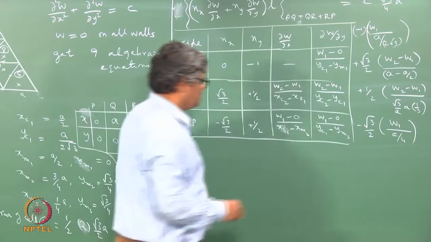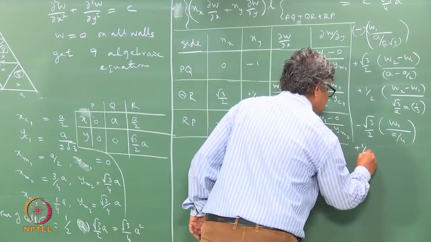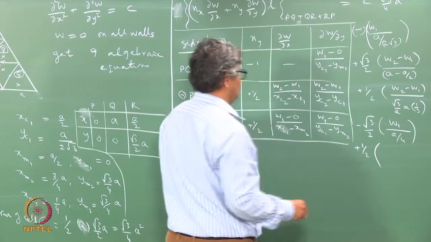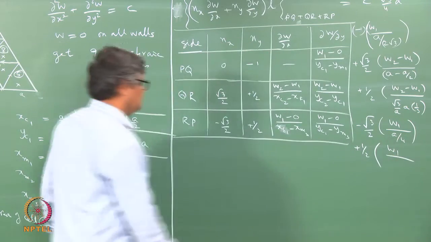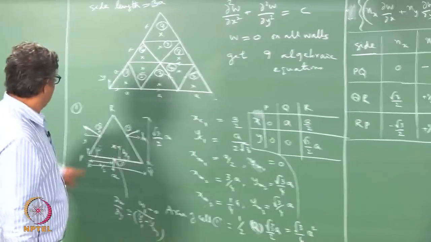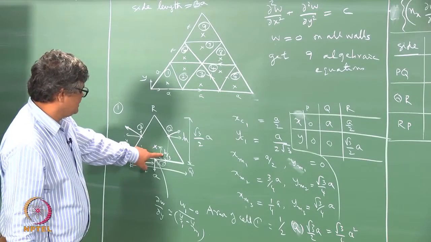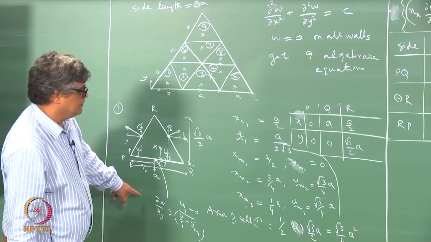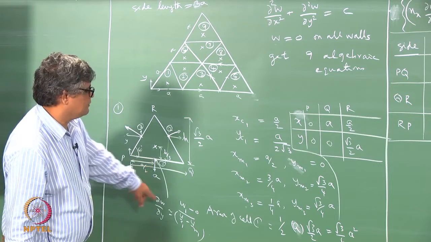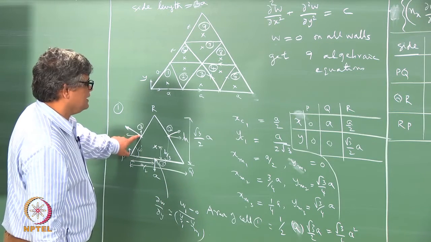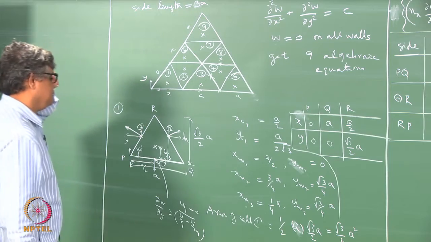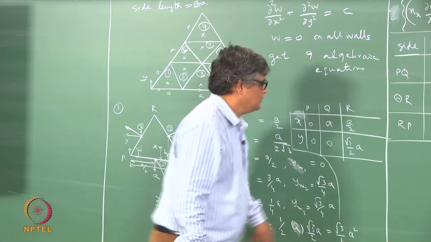Okay, plus half times w1 by yc1 is h by 3 and ym3 is square root of 3 by 4 a is what we have here.